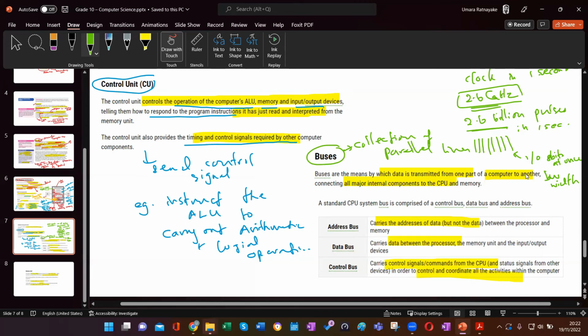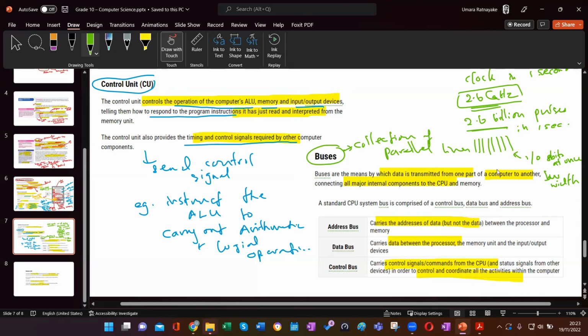Bus width alone is not enough. Even though we have many lanes on the road, vehicles also have to move fast. On the highway, some vehicles move at 100, some move at 20 kilometers per hour. Just because we have parallel lines doesn't mean it's going to be fast.